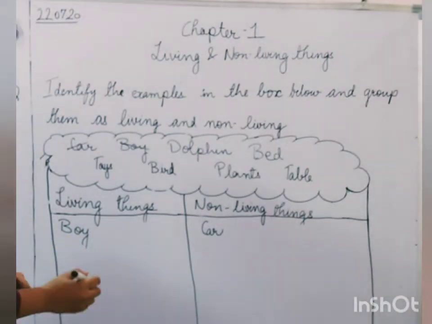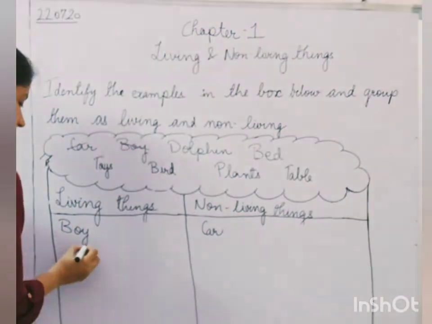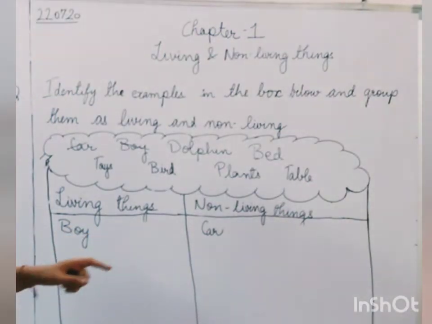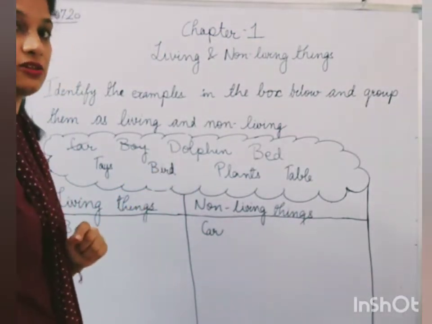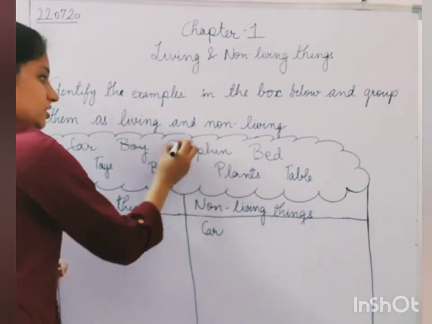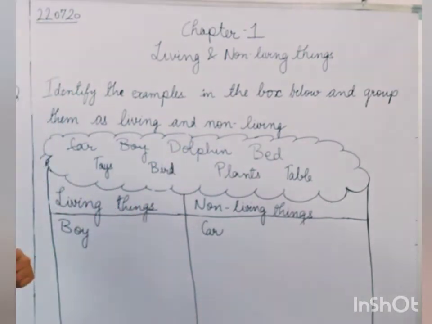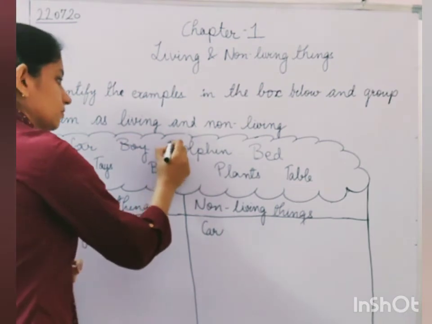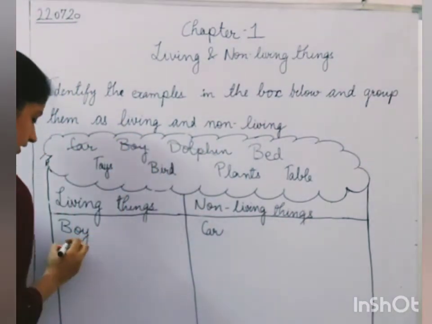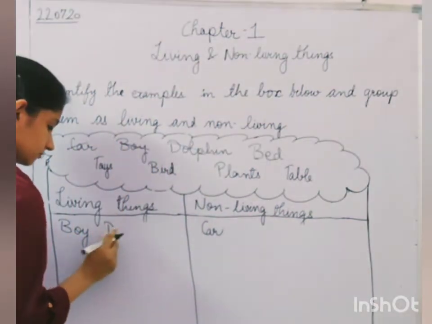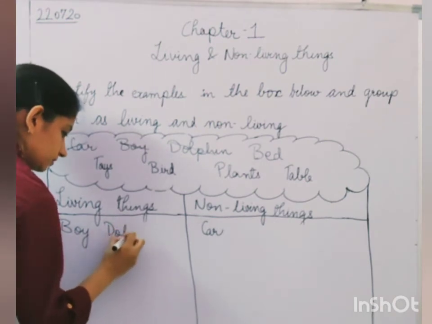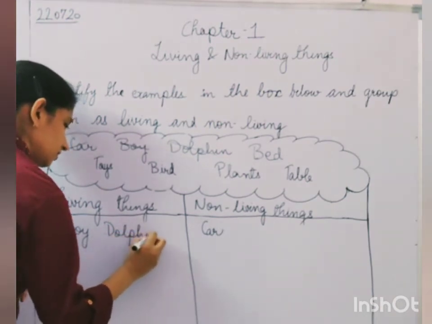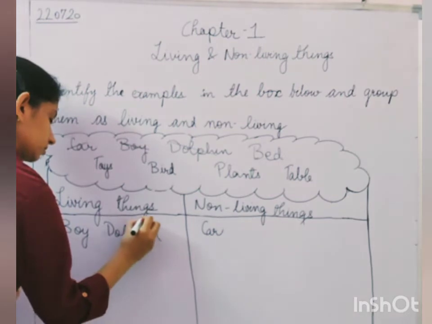They all have life in them. Next, dolphin. Dolphin is a fish. So fish is living or non-living? It is living. So let's cut it out and write it down here. Dolphin is living.